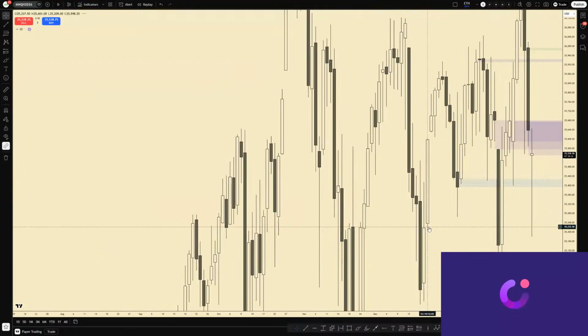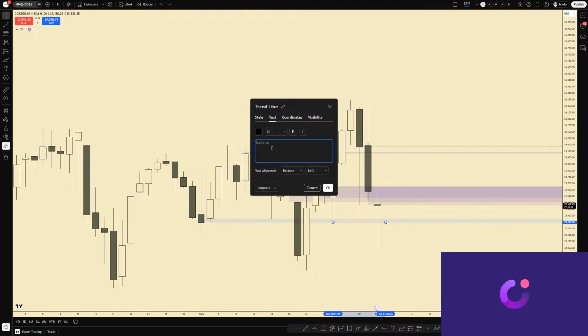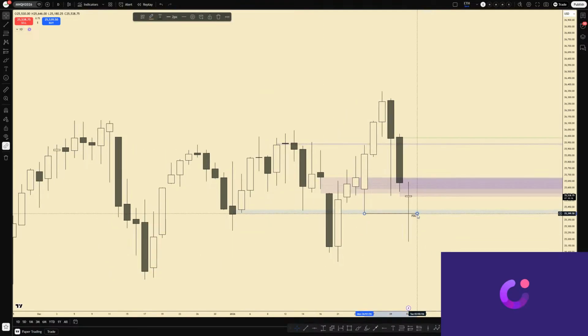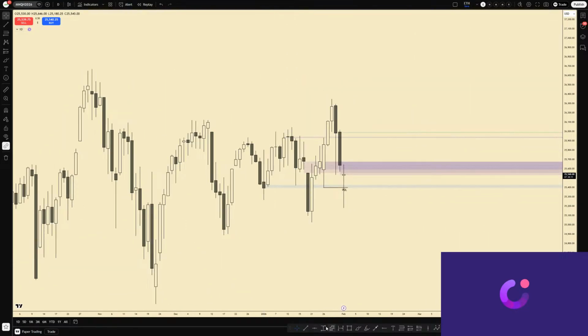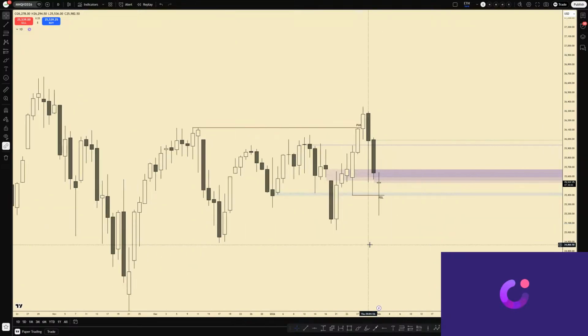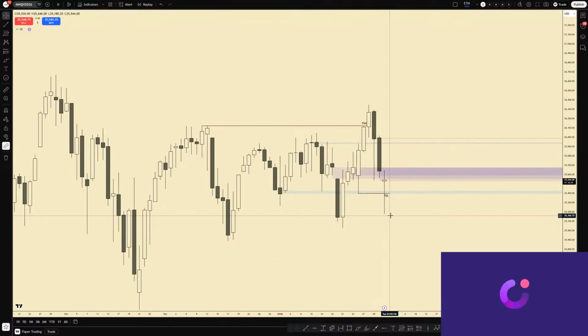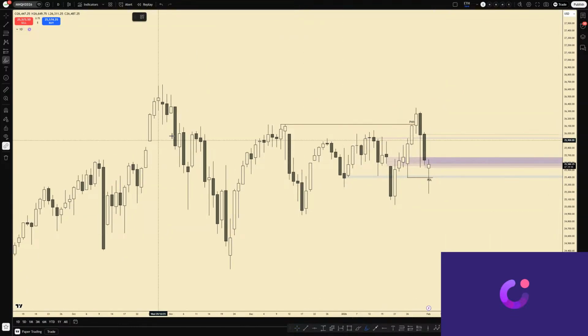I will also mark out the liquidity levels. In these recent days, price has been really range bound and it has been creating ranges inside the ranges.